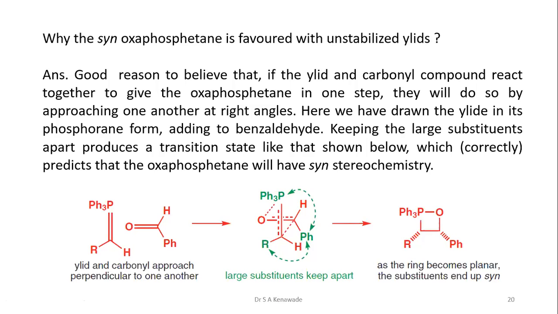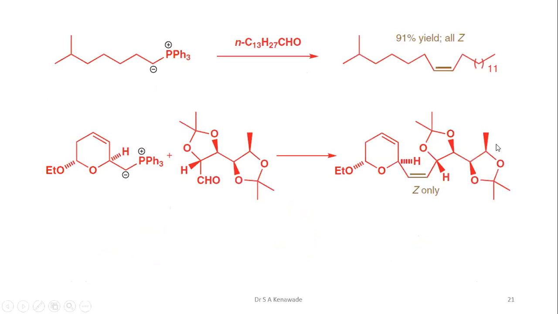Here only one oxygen atom is there, hence no carbonyl group that is a stabilizing agent. Hence, the two groups are in the syn direction in the oxaphosphetane. Hence, we form the product as the Z isomer. This is the unstabilized phosphorus ylide reacting with this aldehyde, producing the Z alkene.